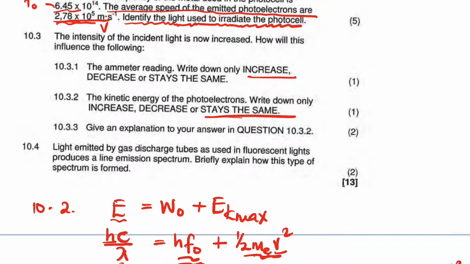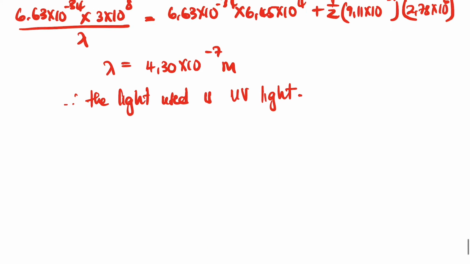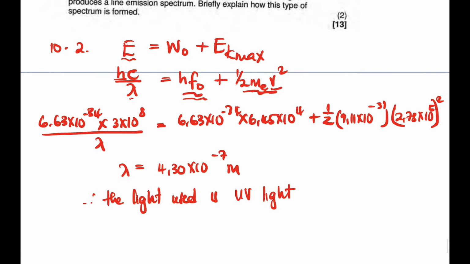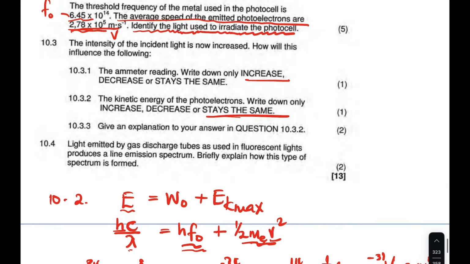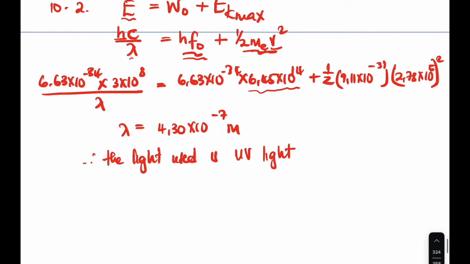And then if we go to the next question, okay guys, here the threshold frequency is to the power 14. It's to the power 14 in there. I've made a mistake, so we're done with that.